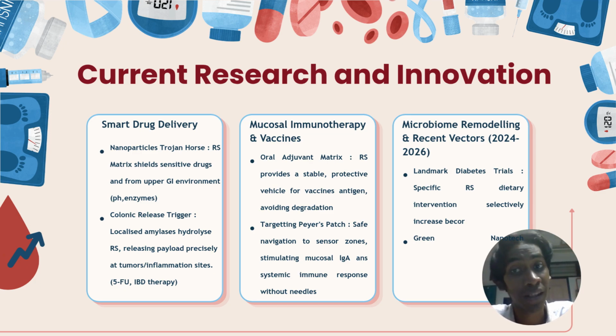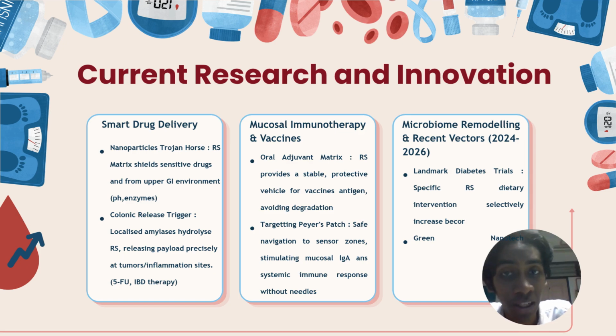When it successfully navigates through the terminal ileum and colon, it targets the Peyer's patches, the specialized lymphoid sensor zones of our immune system. By safely interacting with these patches, it stimulates mucosal IgA production, triggering a robust systemic immune response. This research could pave the way for a completely needle-free vaccination program worldwide.